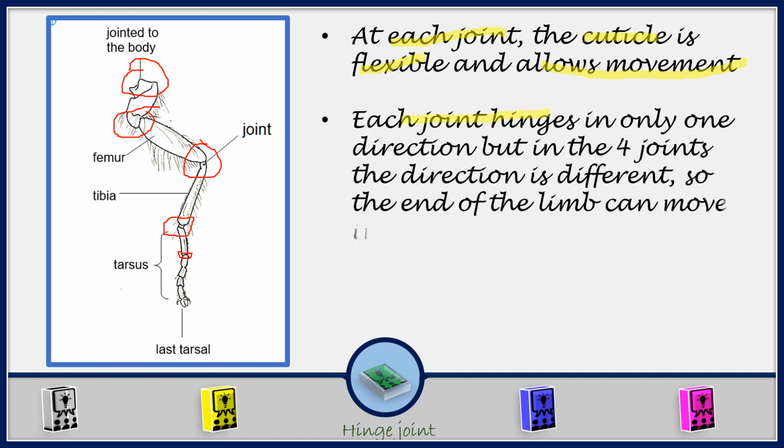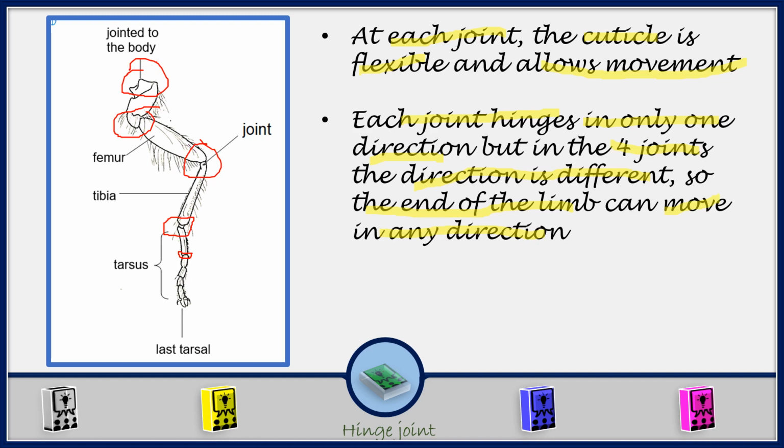Each joint hinges in only one direction, but in the joints, the direction is different. So the end of the limb can move in any direction.